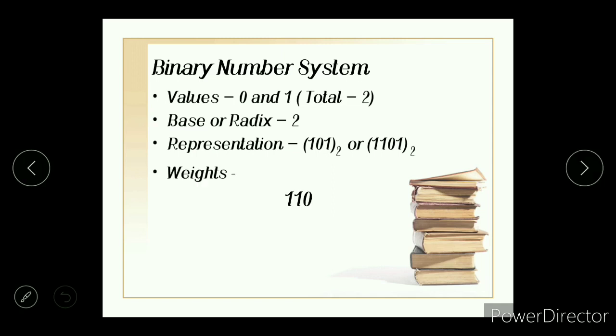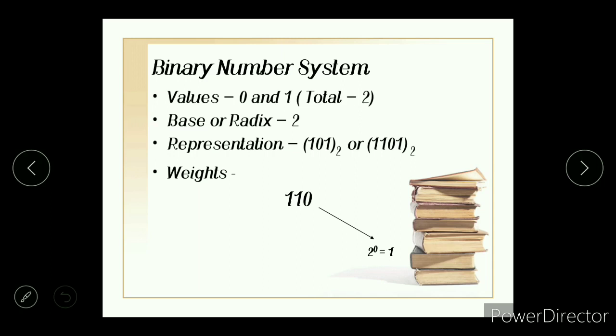Next, let us see the weights of binary. So I have written the number here, 110. Starting again from the right hand side, you always have to start from the right hand side. The first digit here, actually in binary we don't say digit, but we say bit. Every number here is said as a bit. Instead of digit, we call it bit. So starting from the right hand bit, the weight of 0 is 2 raised to 0, which is equal to 1.